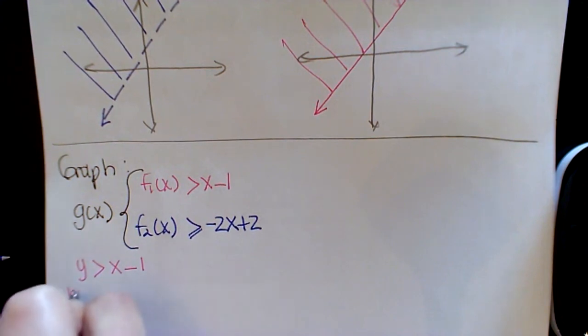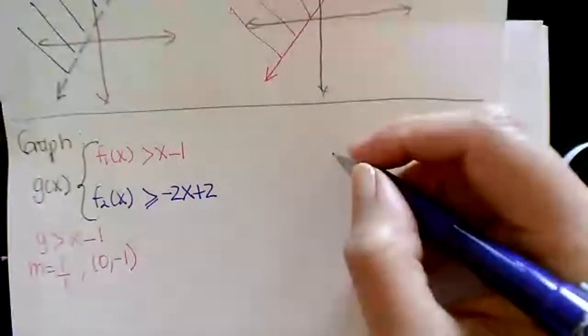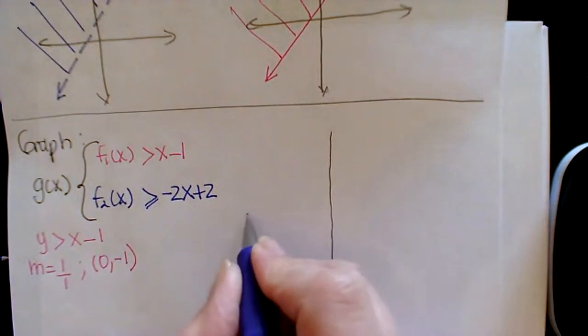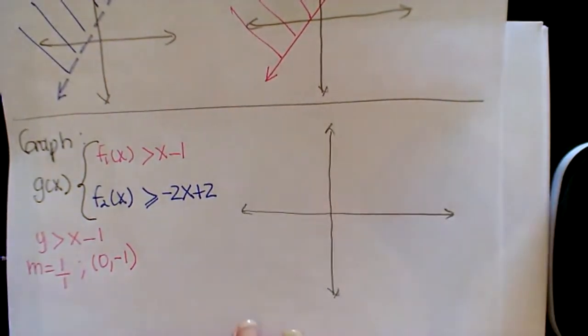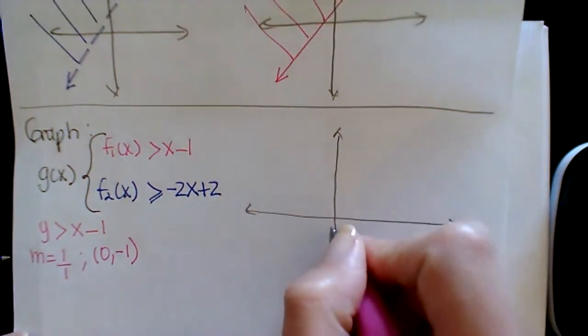So we know that the slope is going to be 1 over 1, and my y-intercept is going to be 0, comma, negative 1. So let me start graphing this here. Let me find 0, -1.